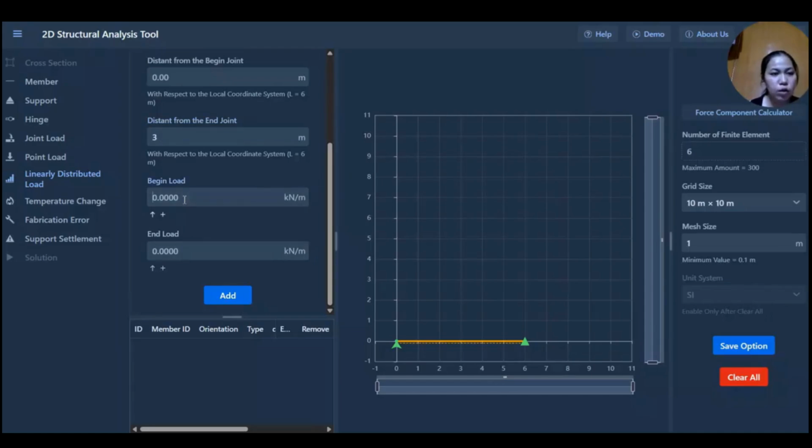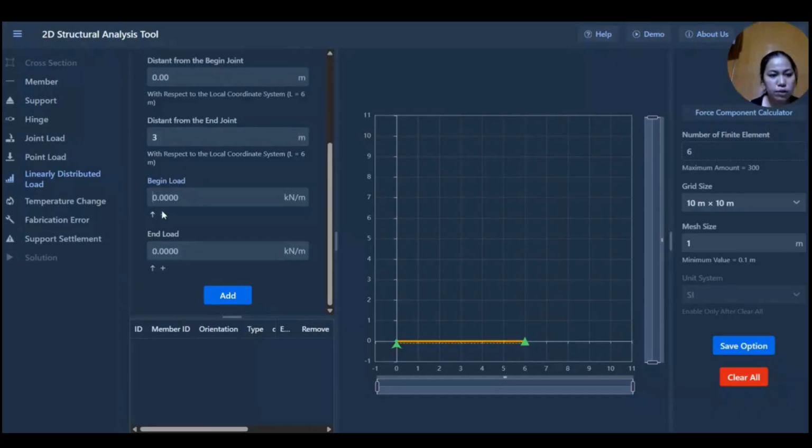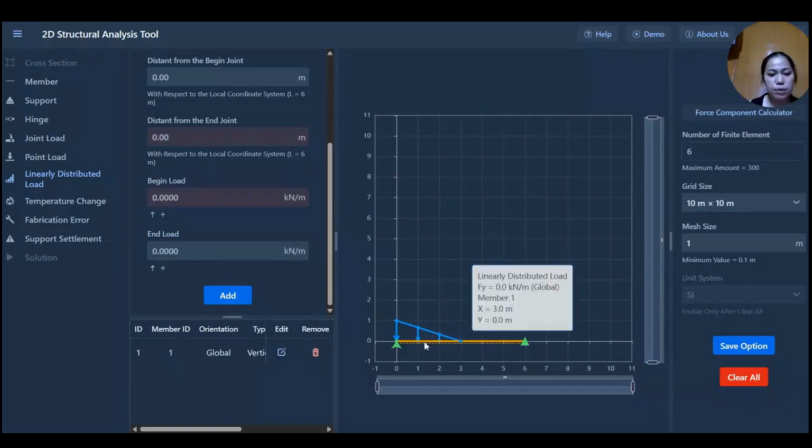Our beginning load is 6, but we take positive as upward, so we write -6, and the end load is 0, so we keep 0 here, and then click add. So this is the picture of our linear distribution load.